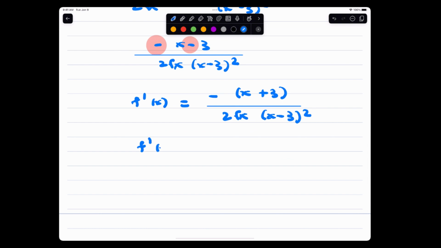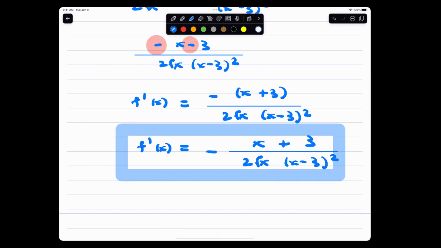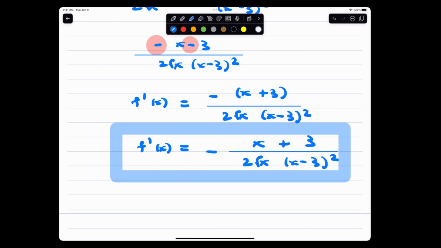So that derivative is negative x plus 3 over 2 square root of x, x minus 3 squared. So nothing cancels, is my point. Right? Nothing will cancel. So that's your answer. You're done.